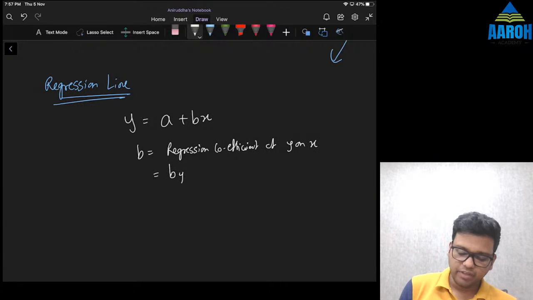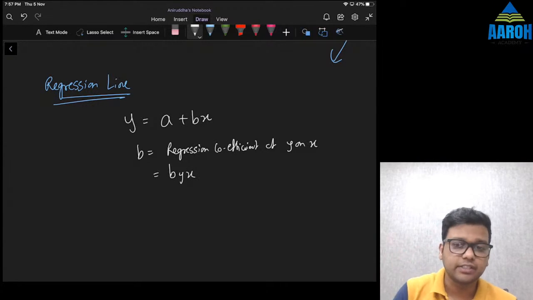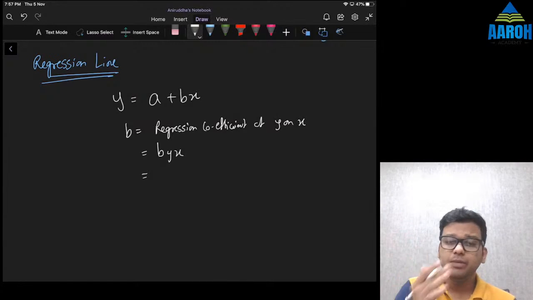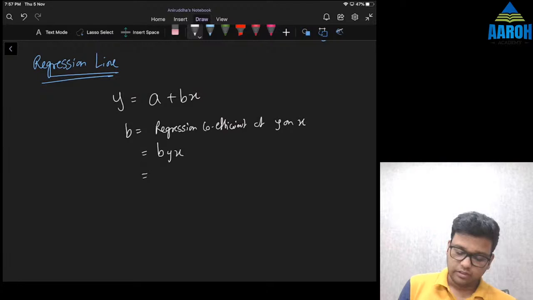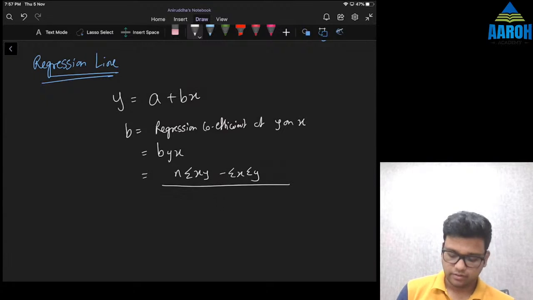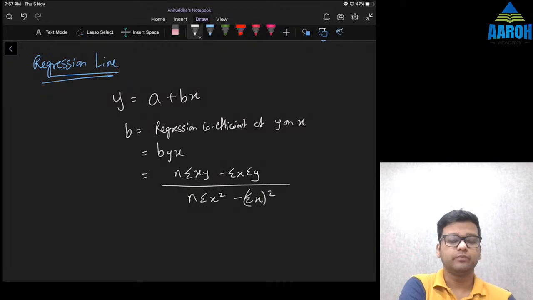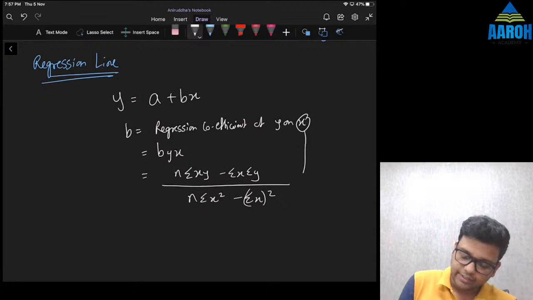That is why we write it as byx. And formula of byx is similar to formula of correlation coefficient. Okay, the numerator is same, n summation xy minus summation x summation y upon square root n summation x square minus (summation x) whole square. For y on x, x is in the denominator.